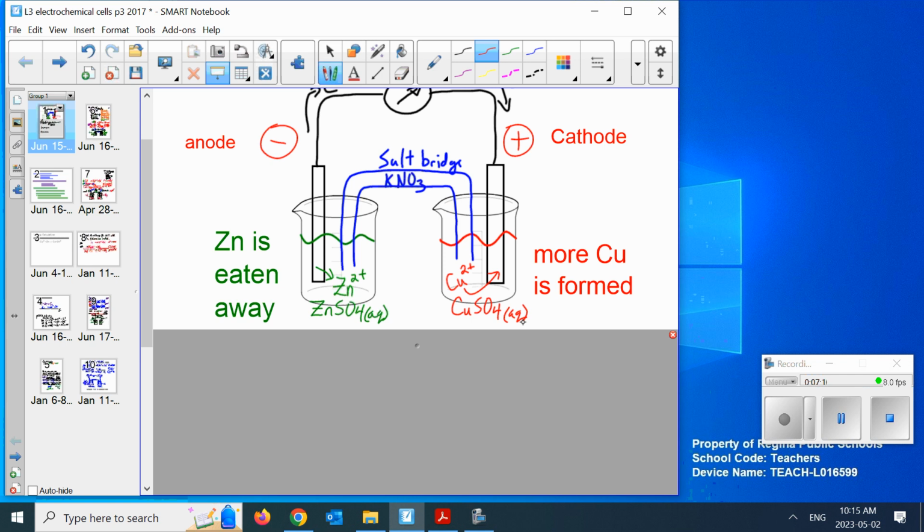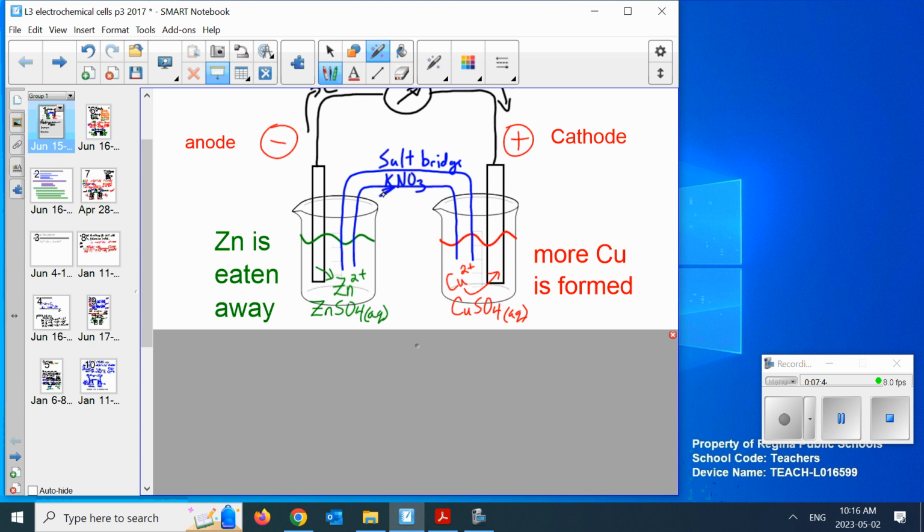That's where the ions come from. Now, thinking about the salt bridge, I'll do this one in whatever color this is, purple, burgundy, gold, or whatever. KNO3 is the salt bridge. Let's just think about this.